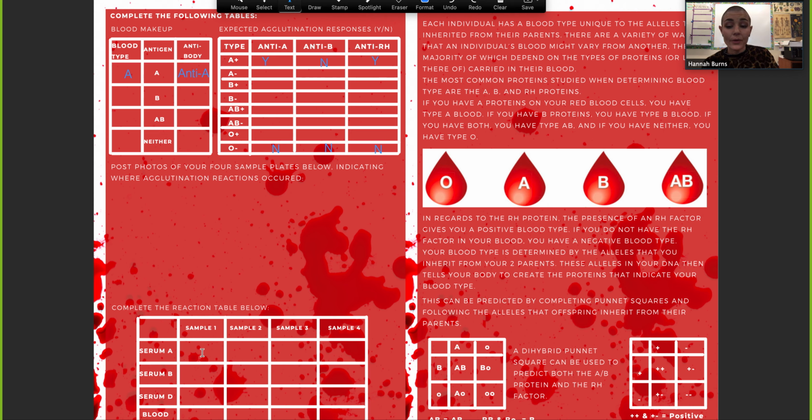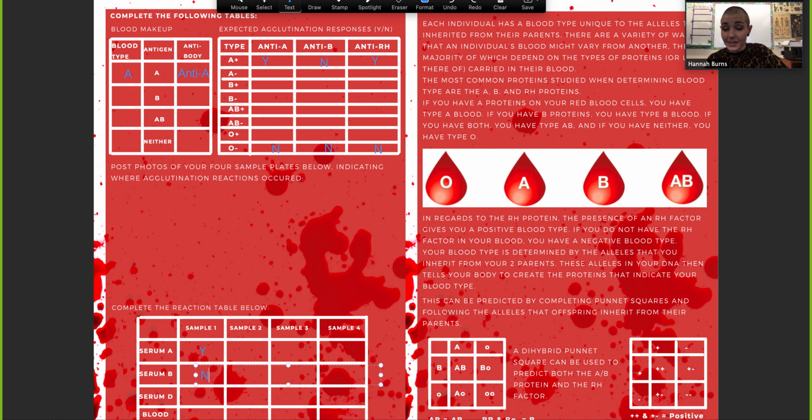For example, your sample 1 might have looked different than mine, but I'll just do mine as the example. I did see an agglutination response. I saw clumping in my blood when I exposed my sample 1 to an A serum, so that means there are A proteins present.